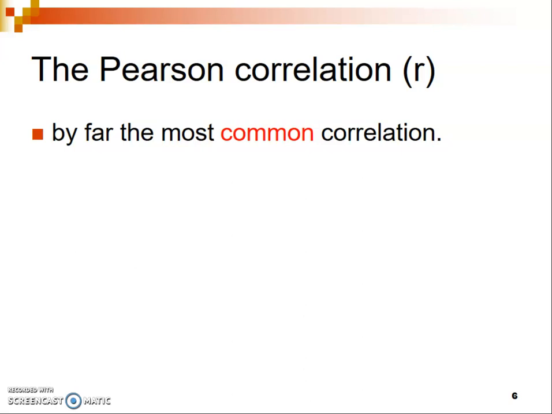So again, that would be essentially just variables that are measured with numbers. If your variable was measured with numbers, you can use the Pearson correlation to examine the relationship between that variable and another variable that is also numerical.